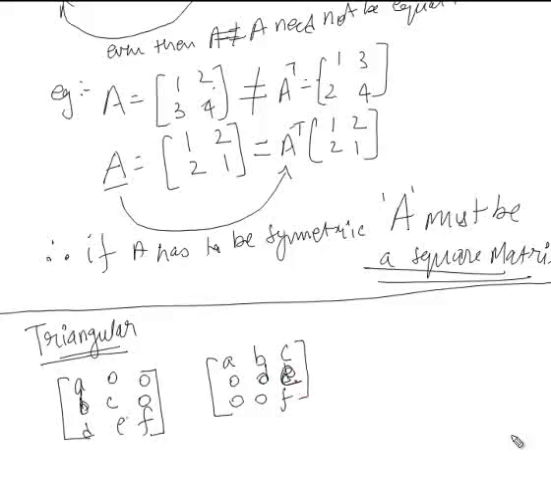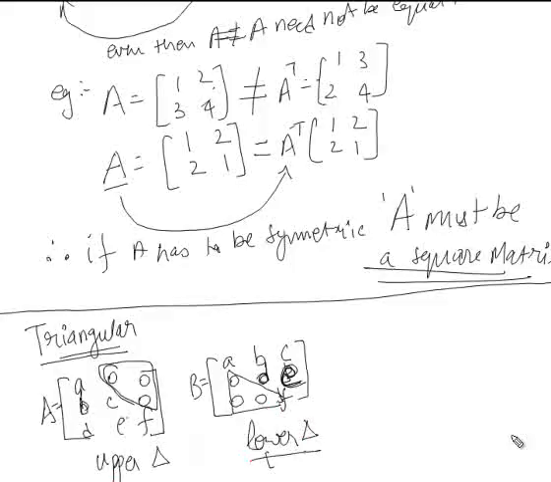Here I see that in these two cases, please observe, let me call this as A, let me call this as B. I observe that here all the elements above the diagonal are 0. Here all the elements below the diagonal are 0. Correct? Yes or no? So, this type of structure is called upper triangular matrix. This type of structure is called lower triangular matrix. Please remember that.